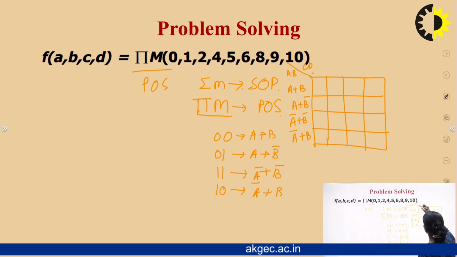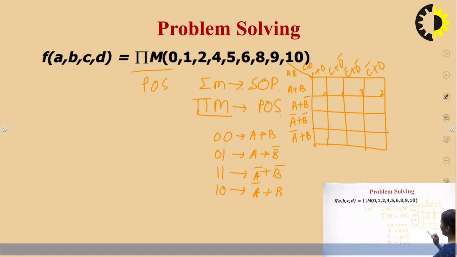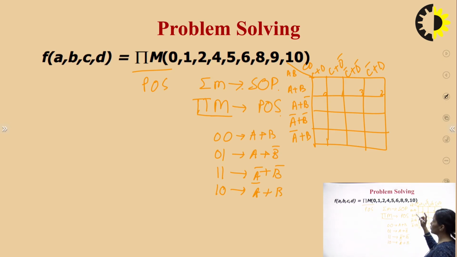Similarly for this, C plus D, C plus D bar, C bar plus D bar, and C bar plus D. Filling is the same, okay, and instead of filling these cells with 1, you have to fill these cells with 0. This is the rule.